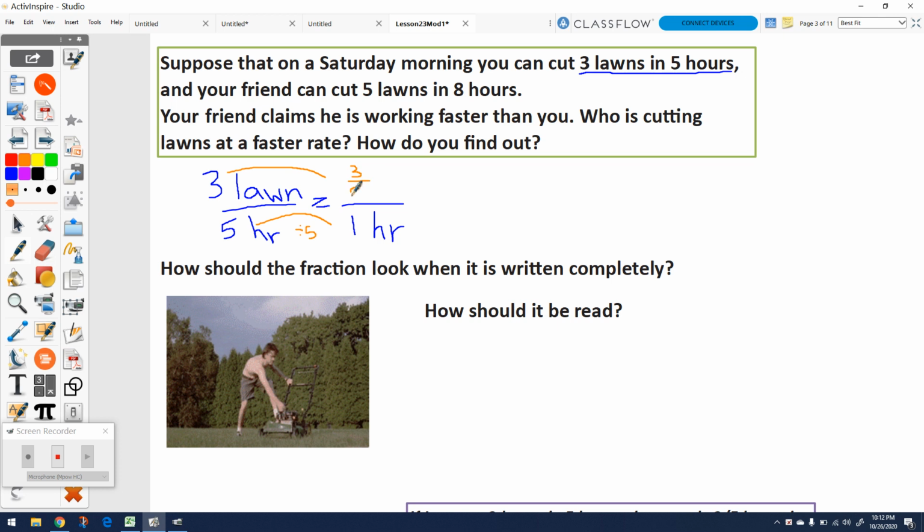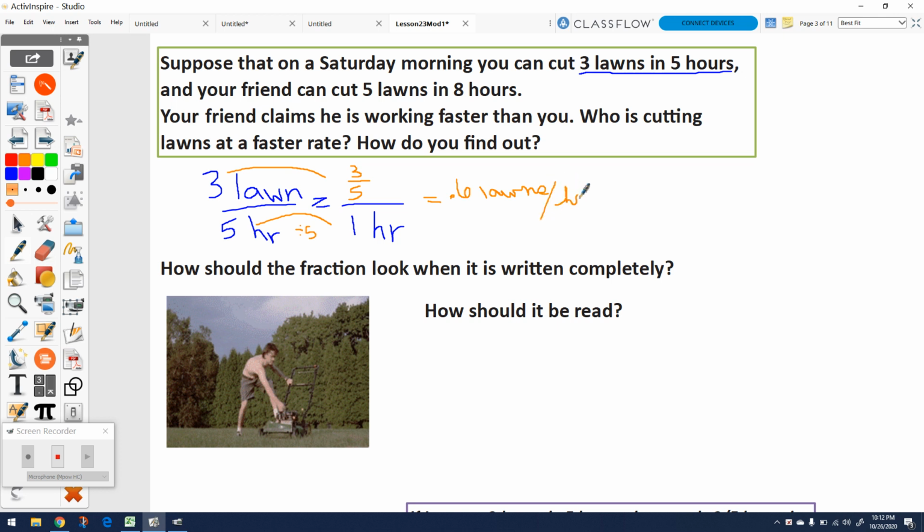Now, if we wanted to reduce that, we could actually say 3 divided by 5, which would make it maybe easier to read in this instance. So we would get 0.6 lawns per hour.